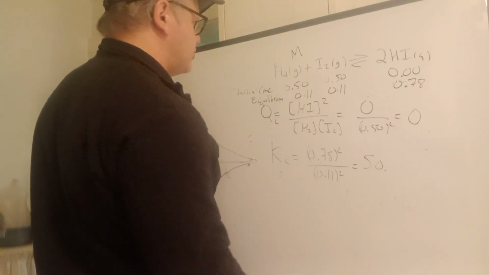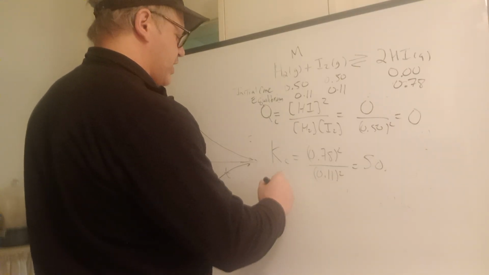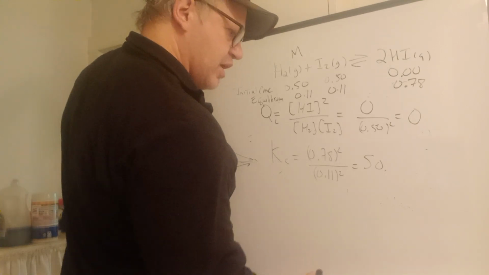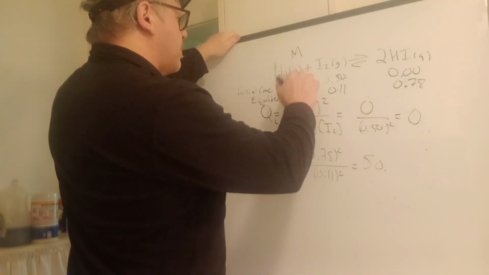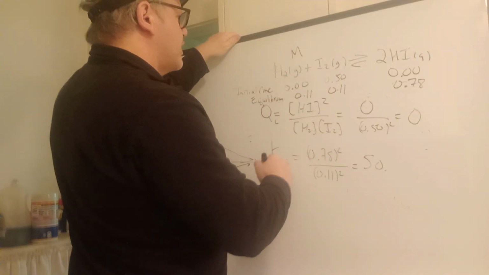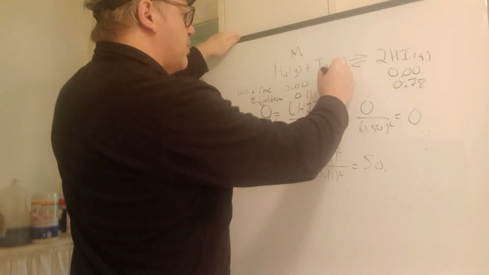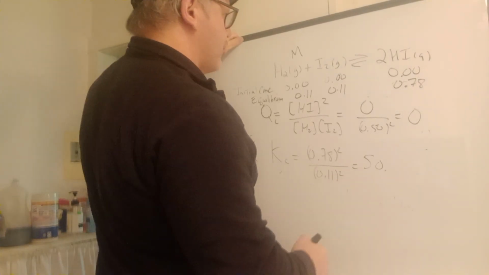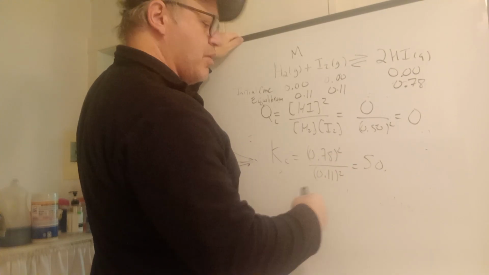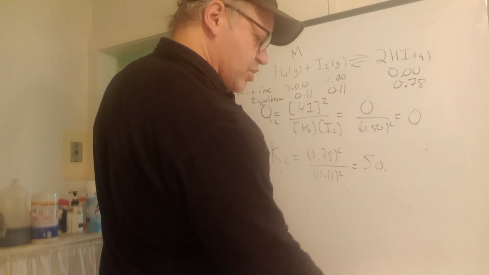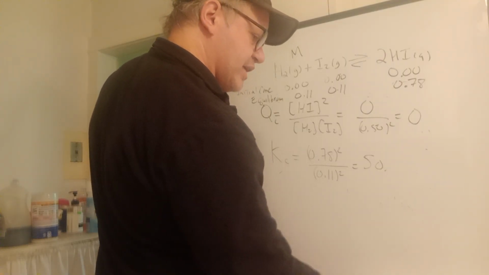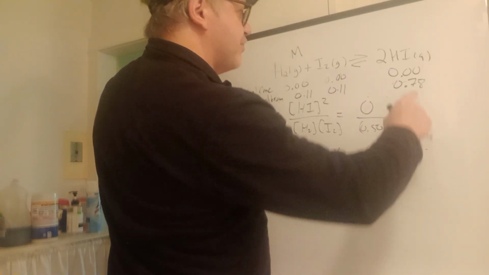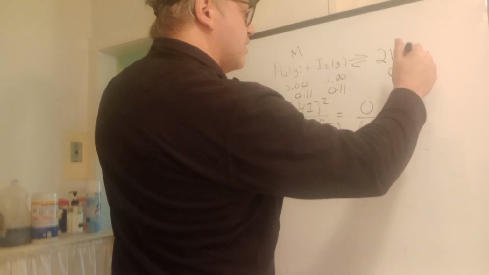Conversely, we could have another set of conditions where we have 0 for the H2 and 0 for the I2. This is another experiment that was prepared. We only start that system out with HI, 0.50.